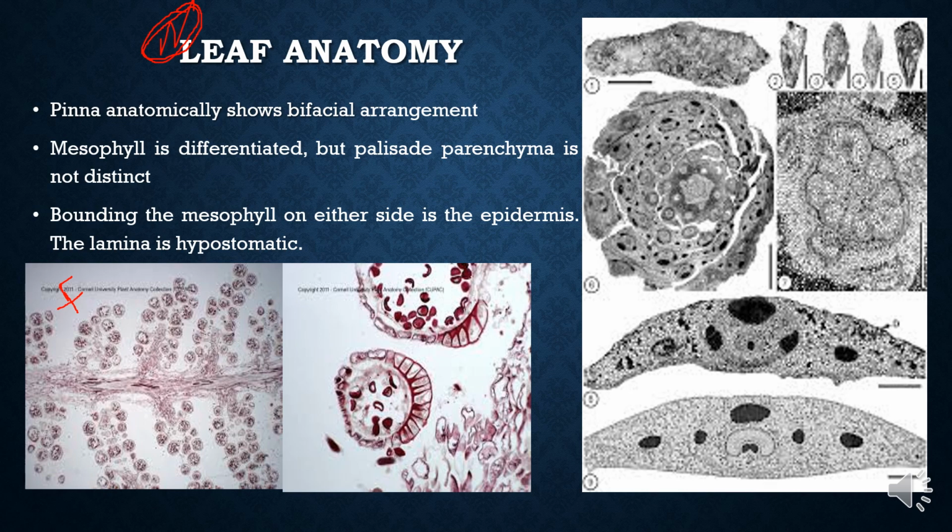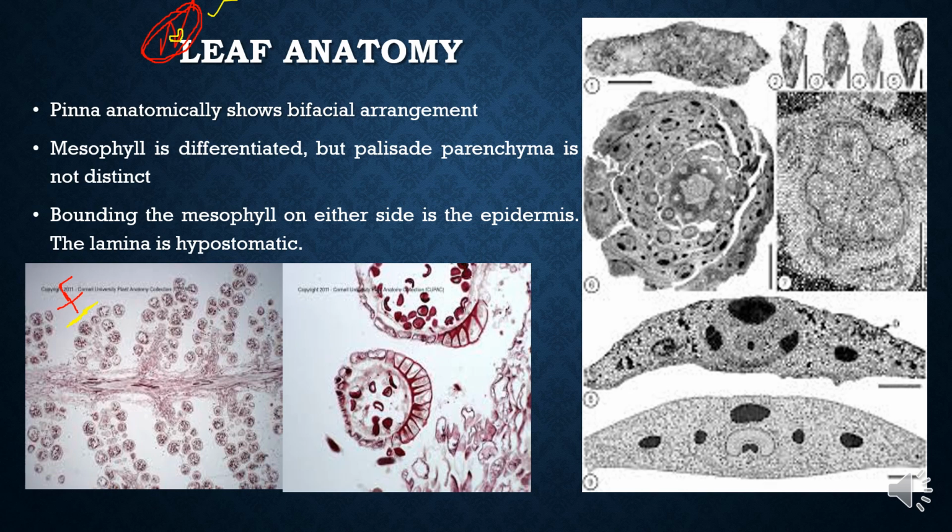The mesophyll again contains this horseshoe shaped xylem, and outer to it is the phloem. So this is the case of the vegetative leaf.